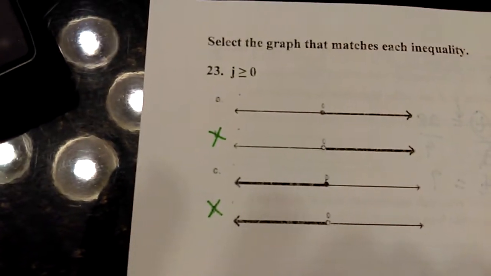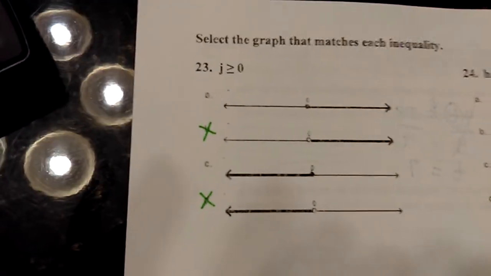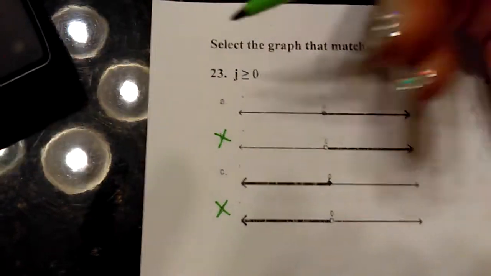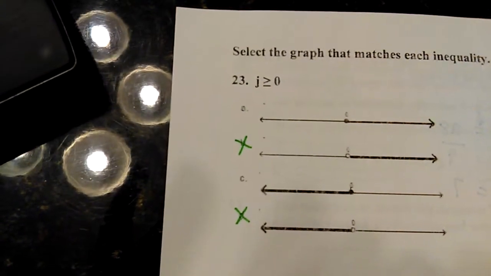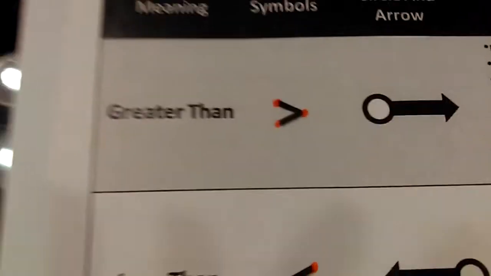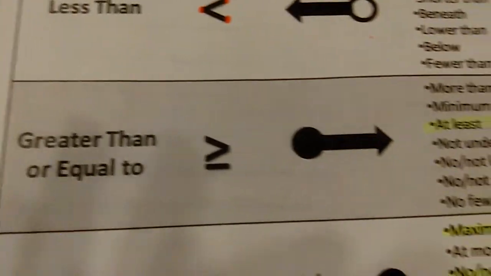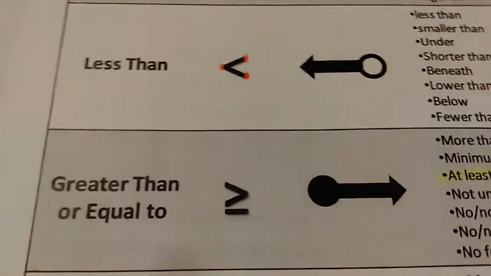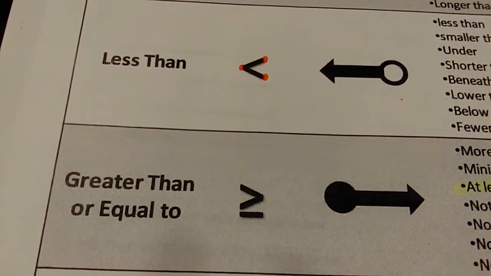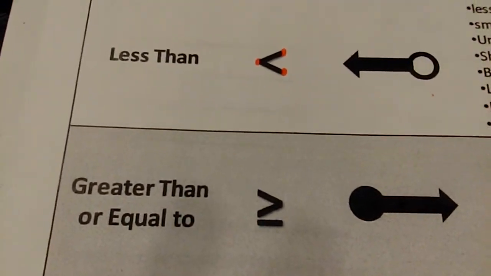Now we have to say, this is greater than. Notice that it points like our arrow. And remember in our notes, our handy dandy keyword sheet, greater than means we have some growth. That means we're going in a positive direction. We're going to the right.